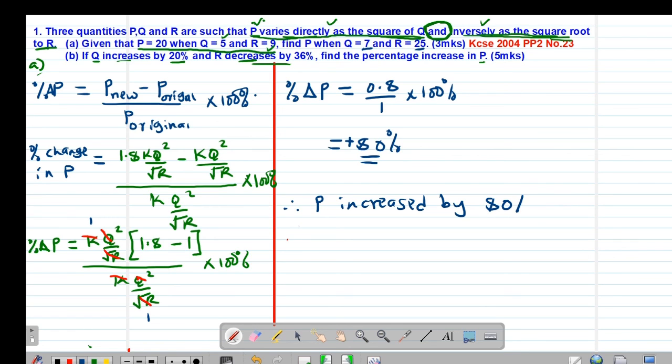So we know it is an increase because the change that you have gotten is a positive value. If it was a negative value, then you would have said that P decreased by 80%. So in this case, the percentage increase in P was actually 80%.